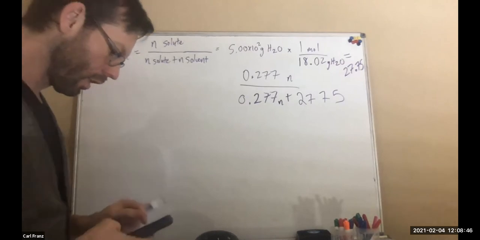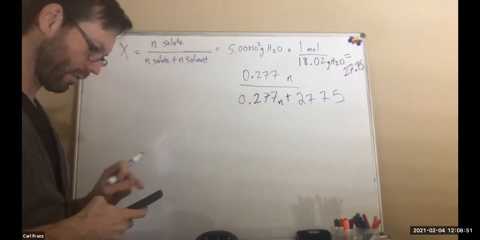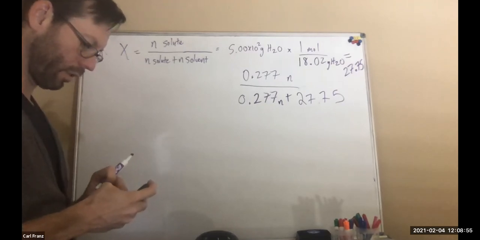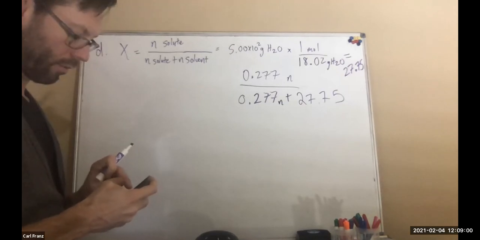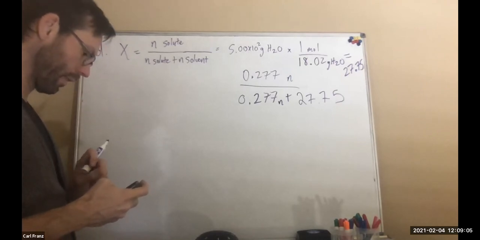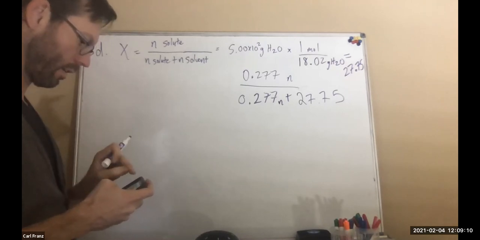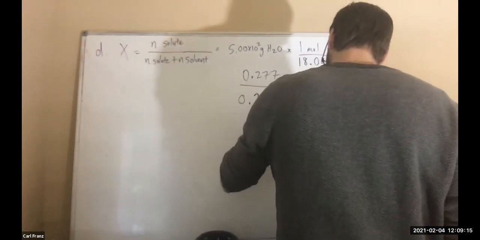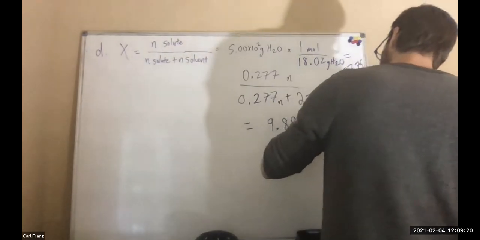Now, let's do that. Let's do 0.277 divided by 0.277 plus 27.75. And I'm getting 9.88 times 10 to the negative 3.